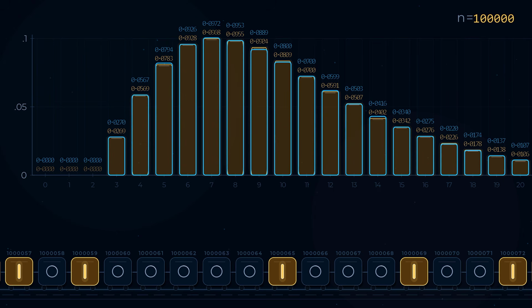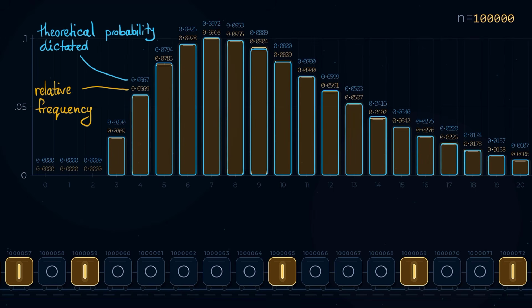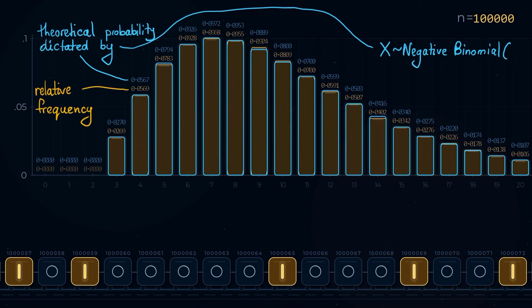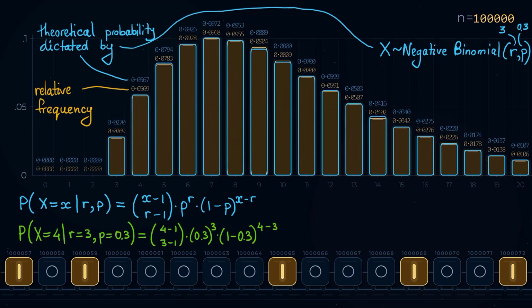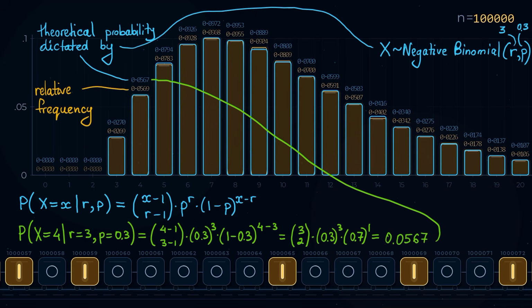If we were to repeat this experiment even more times, going beyond 100,000 repetitions into the millions, then our relative frequencies in yellow would converge to the theoretical values listed in blue, and those theoretical probabilities you see in blue come from the negative binomial distribution, which takes in 2 parameters, r and p. R stands for the number of successes we are waiting for, and P is, like before, the probability of success on any one given trial.